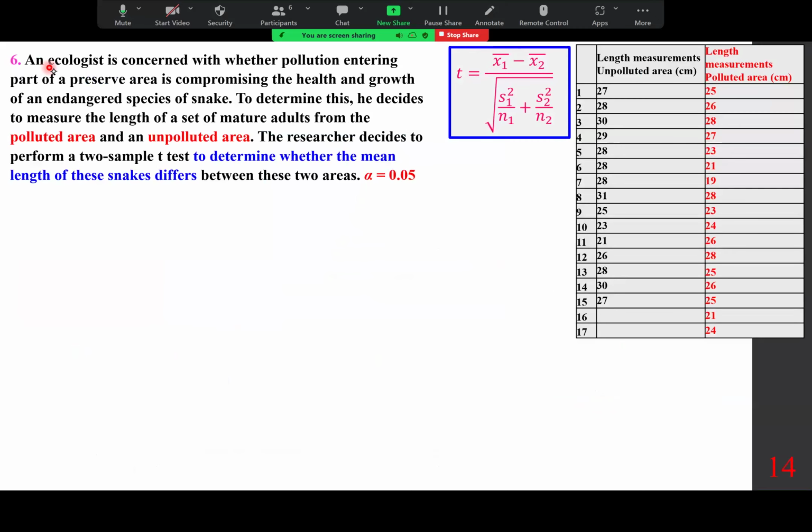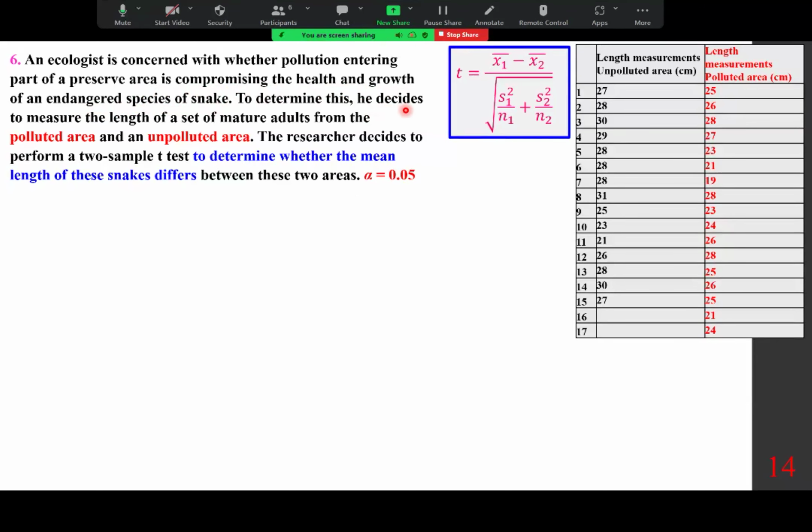An ecologist is concerned with whether pollution entering part of a preserve area is compromising the health and growth of an endangered species of snake.